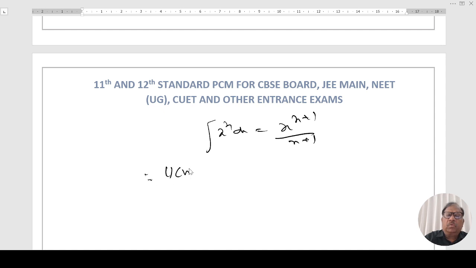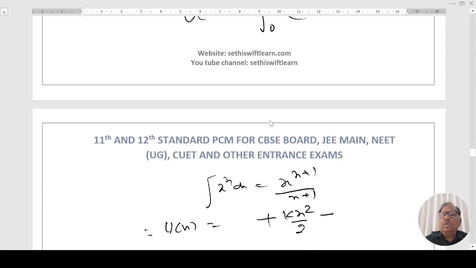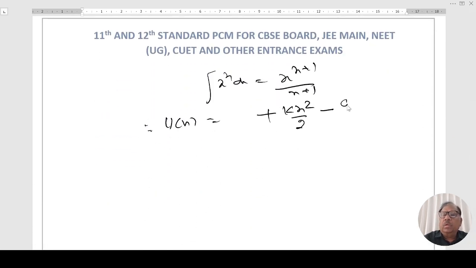Therefore, Ux comes out to be kx square by 2 minus ax to the power 4 by 4.